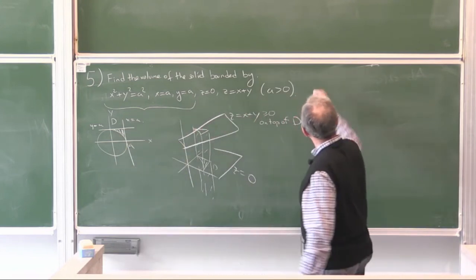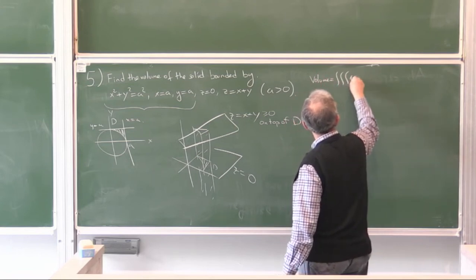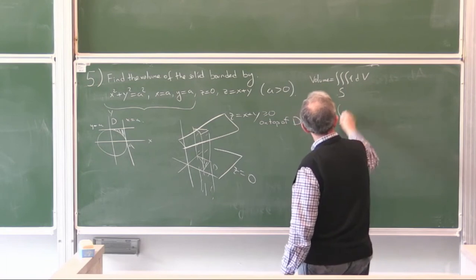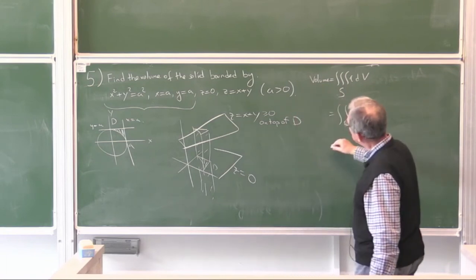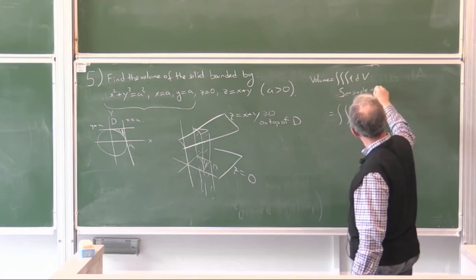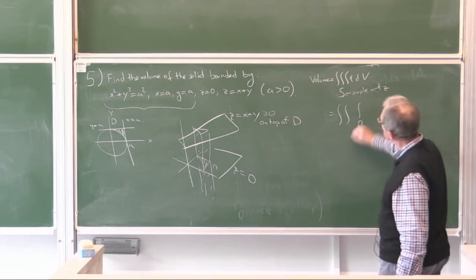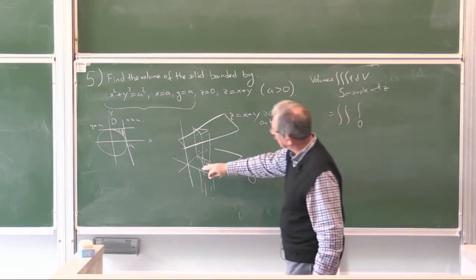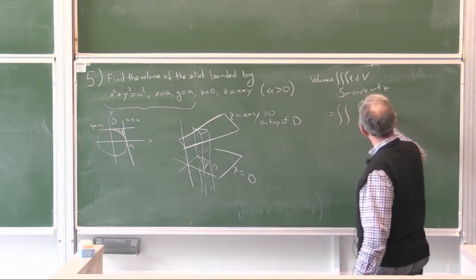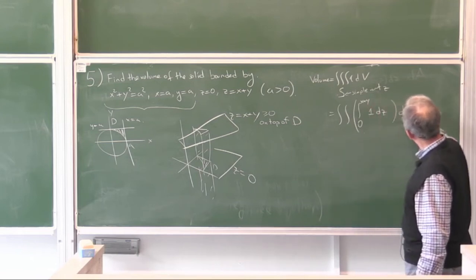So the volume, which is the triple integral of 1 over S, will be, because S is simple with respect to z, starts from 0 at the bottom, goes up to x plus y, 1 dz, and then you integrate over dA.